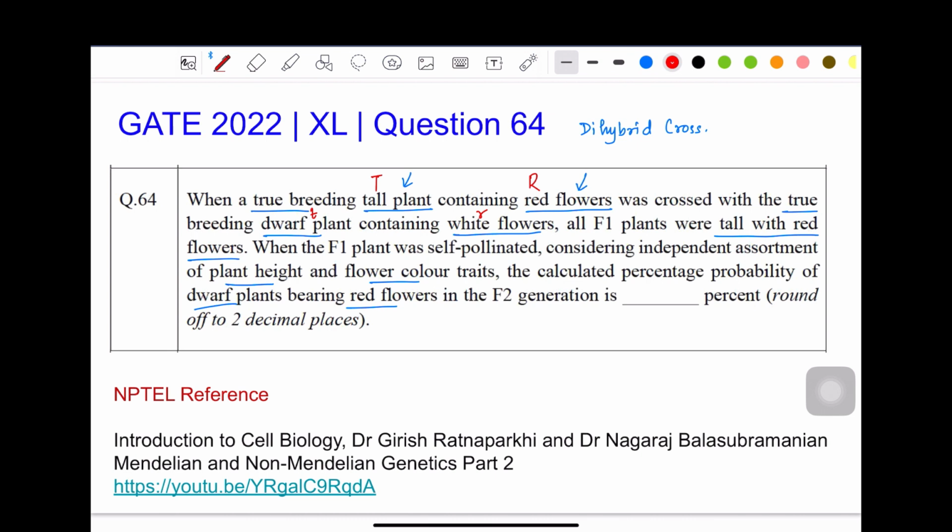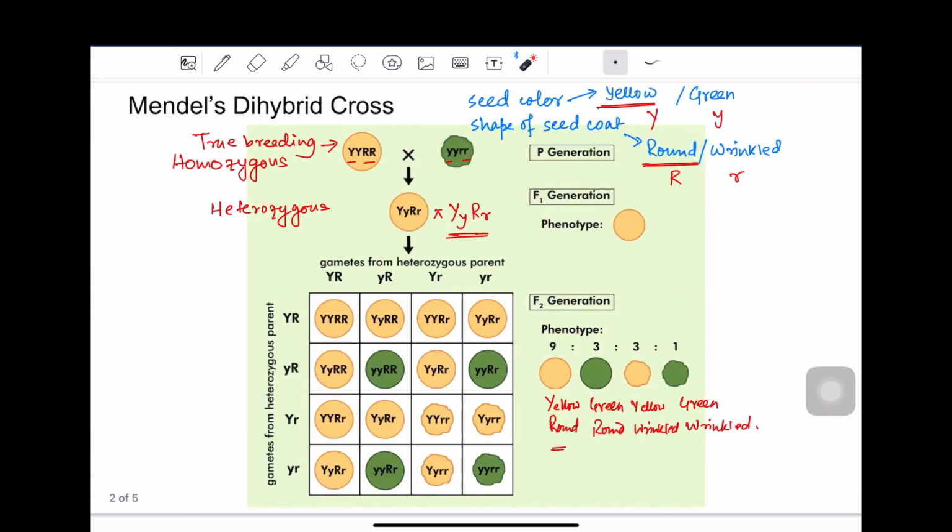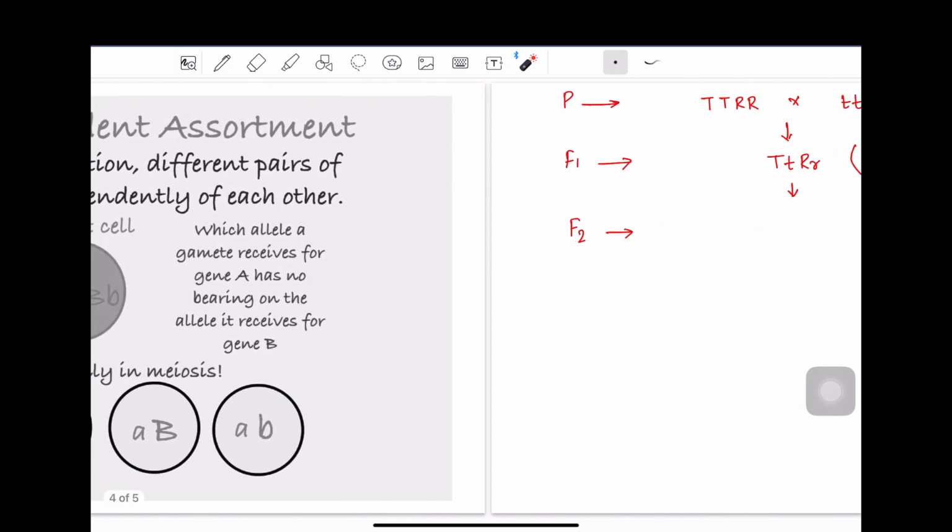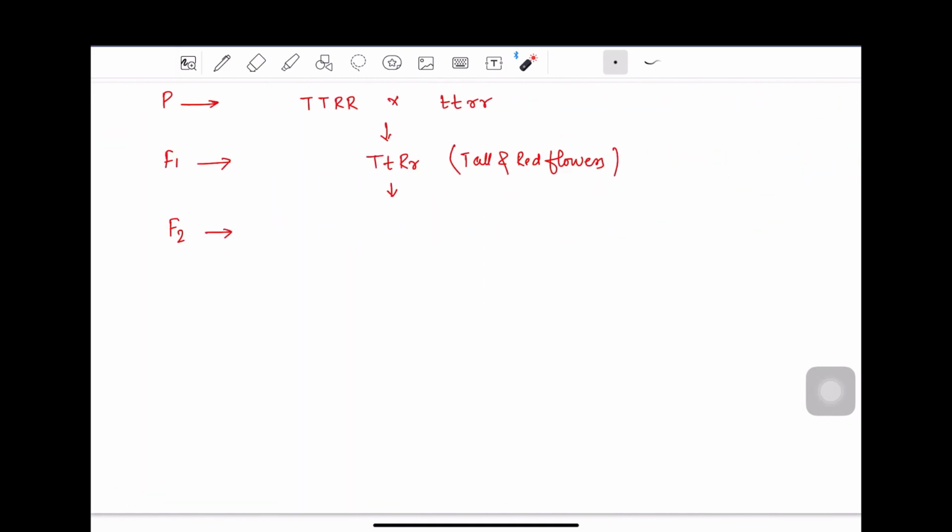Because it is asked in the question to calculate the percentage probability of the dwarf plants bearing red flowers in the F2 generation. So a particular phenotype is given, dwarf plants with red flowers, and we have to calculate the percentage probability. Where will we get this? Obviously from Mendel's dihybrid phenotypic ratio 9 is to 3 is to 3 is to 1. Now let's see what the phenotypes will be in the F2 generation in this scenario.